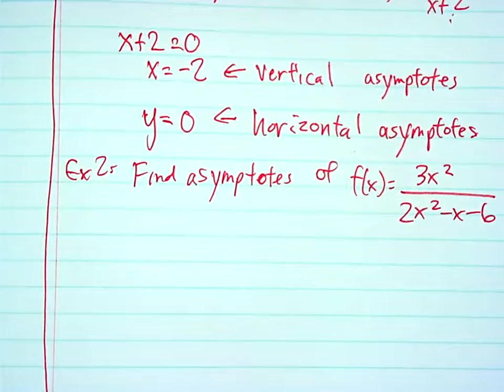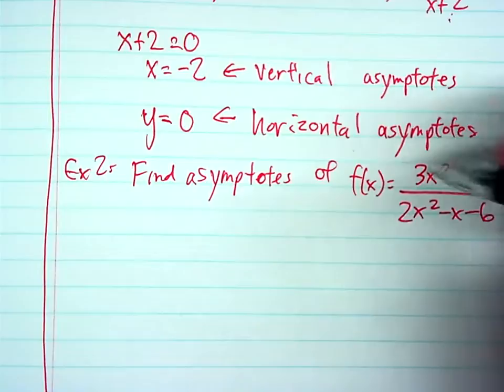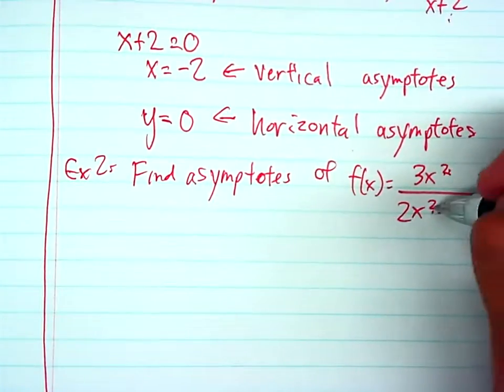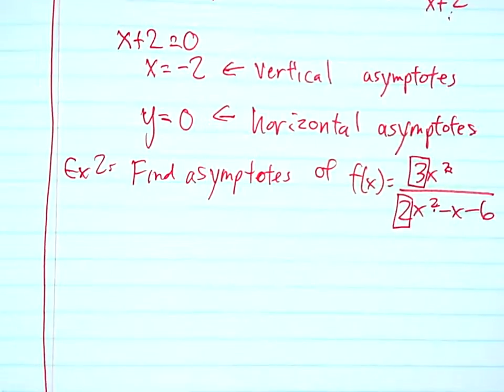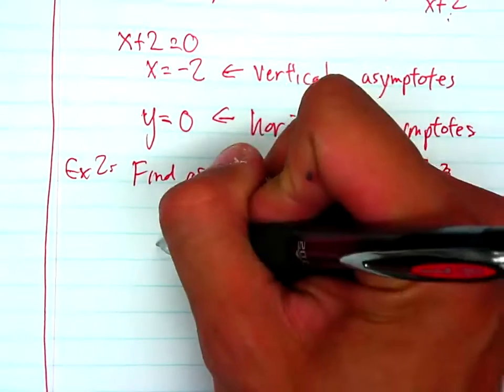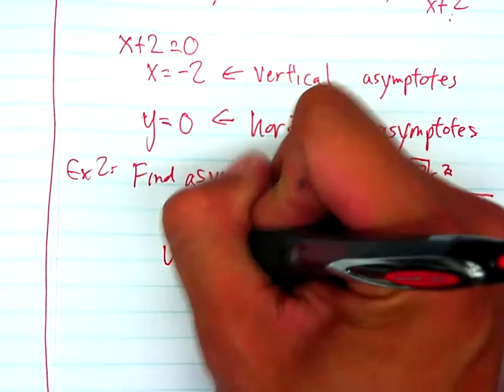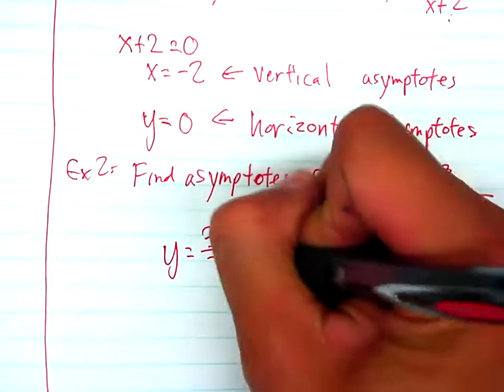If you look at your steps, when n equals m, it says the graph of f has the line y equals a sub n over b sub n. a sub n and b sub n are the coefficients of the highest degree. The degrees are the same, they're both 2, so the coefficients give the horizontal asymptote. So I have a horizontal asymptote at y equals 3 over 2.